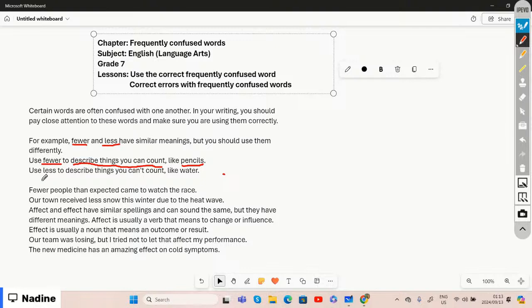But then we use the word less to describe things that you cannot count. And remember, water we cannot count.